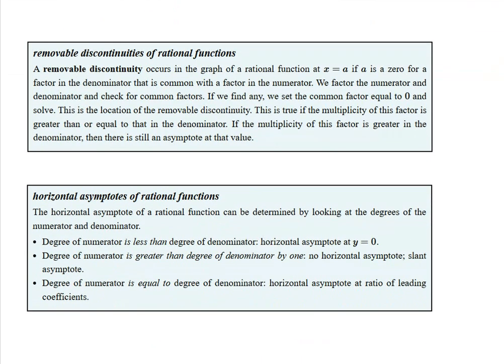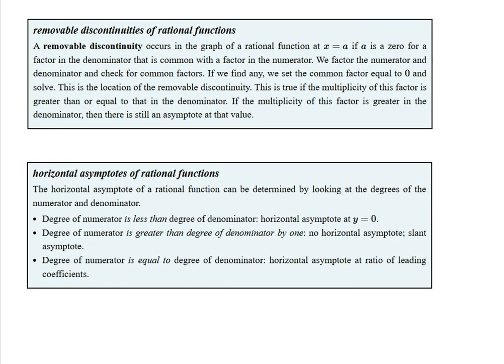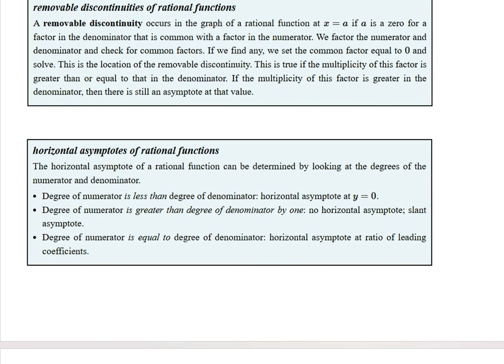Now, when it comes to horizontal asymptotes, there are some rules. If the degree of the numerator is less than the degree of the denominator, there'll be a horizontal asymptote at y equals 0, which is your x-axis. So if I had a numerator that was x and the denominator was x squared plus 1, the degree of the numerator is 1 and the degree of the denominator is 2.